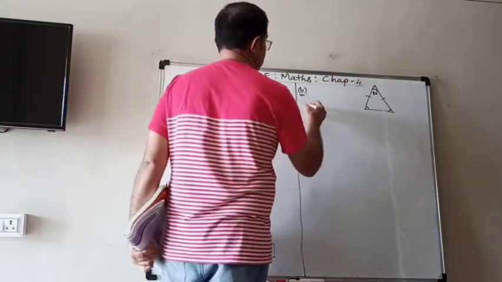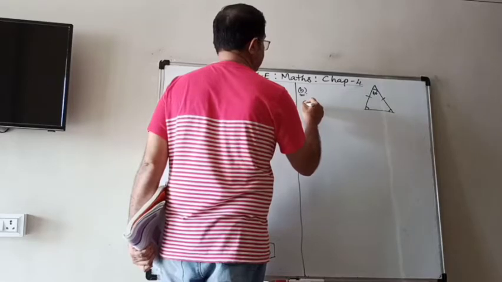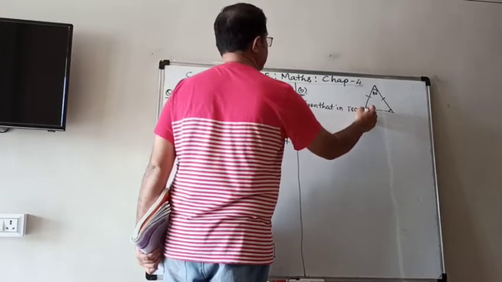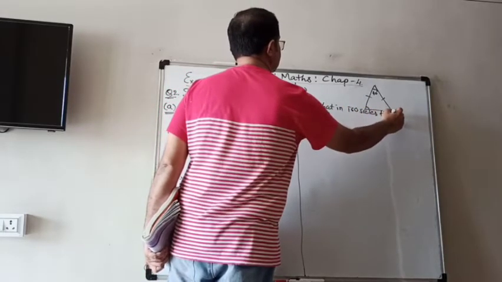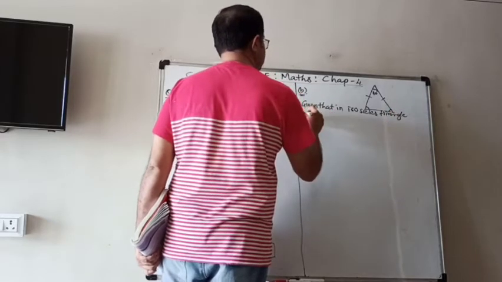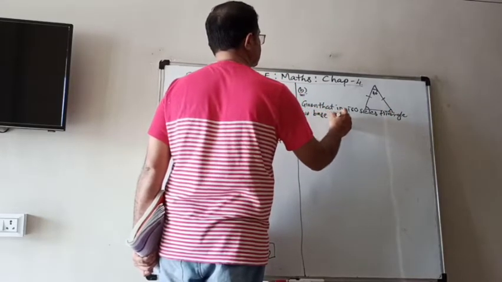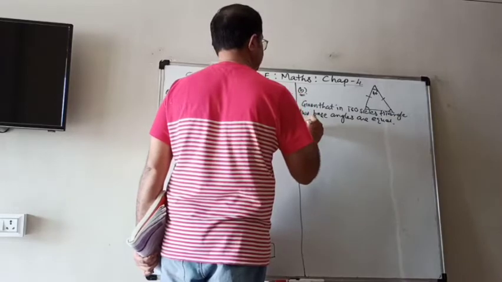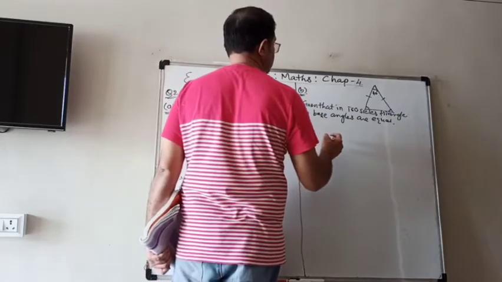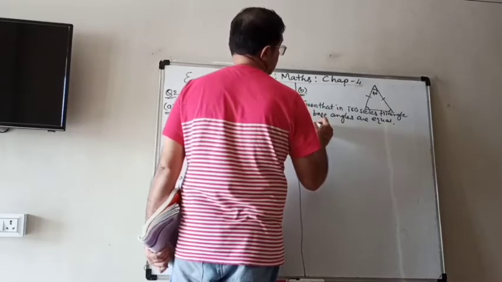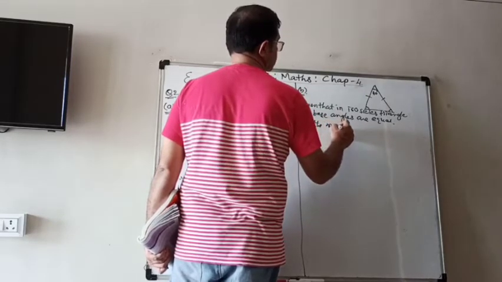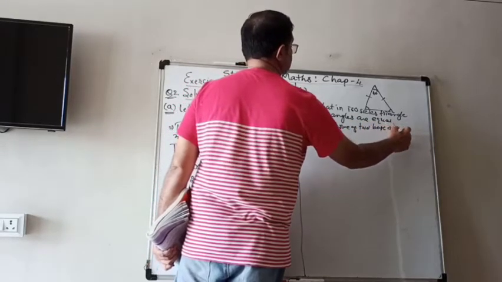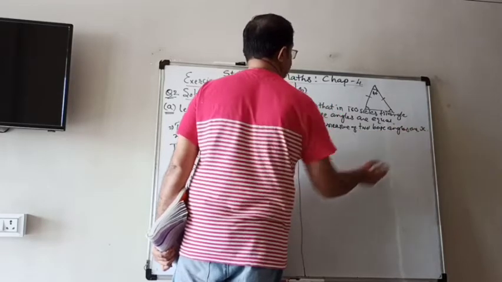Now, given that in an isosceles triangle, two base angles are equal, so let the measure of the two base angles be x.